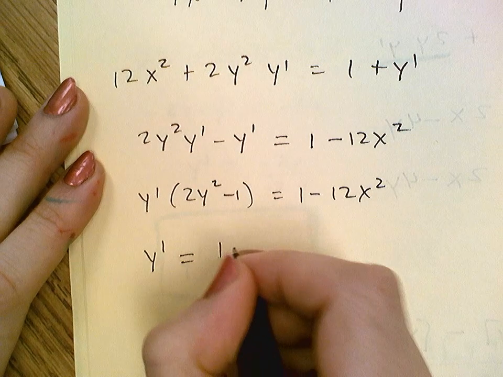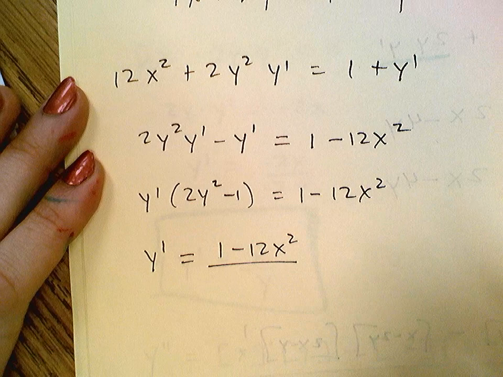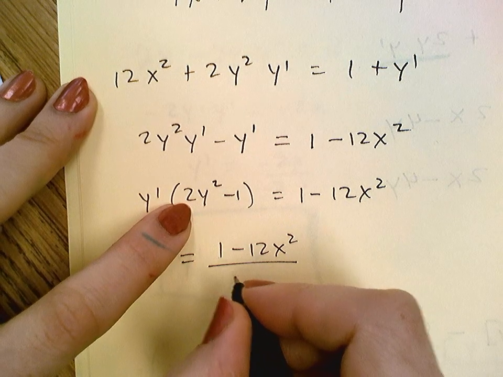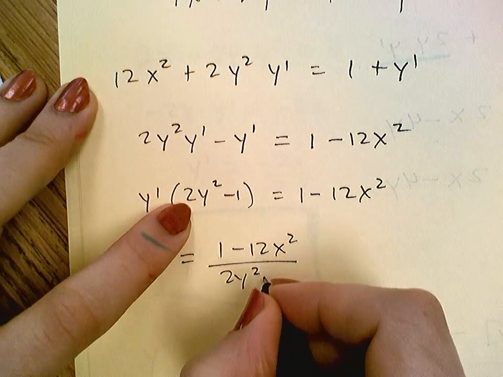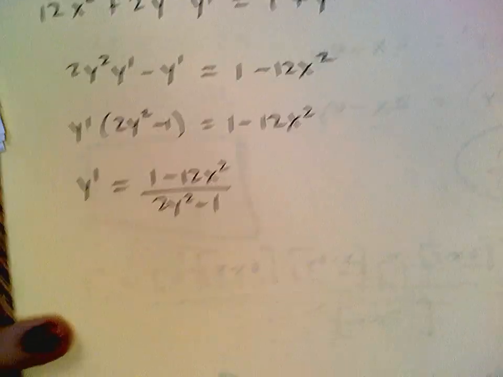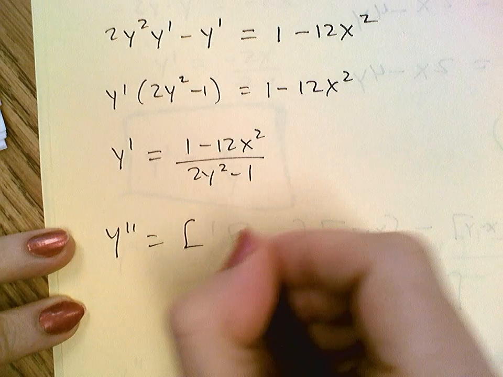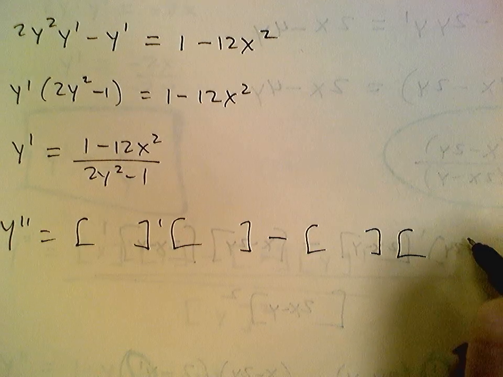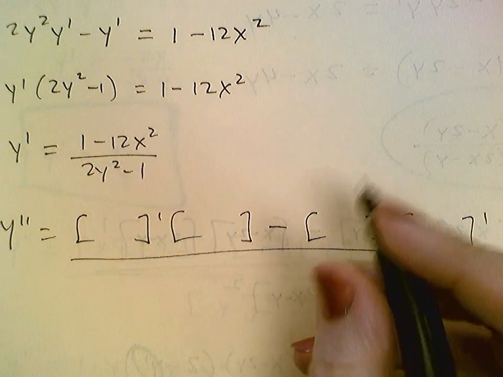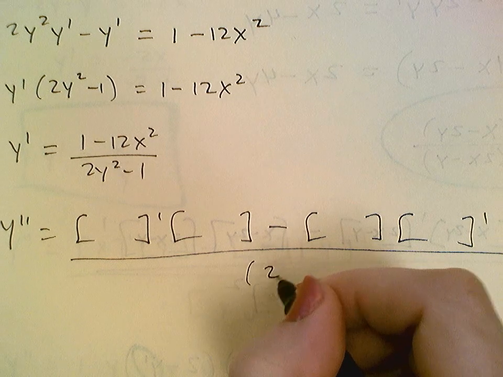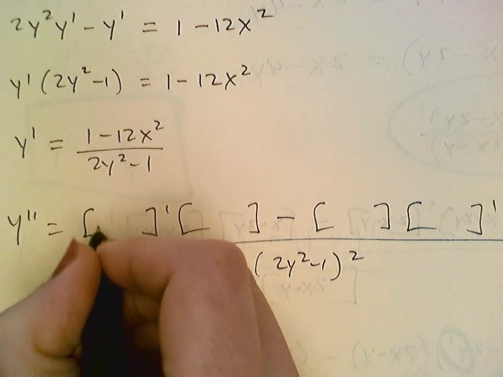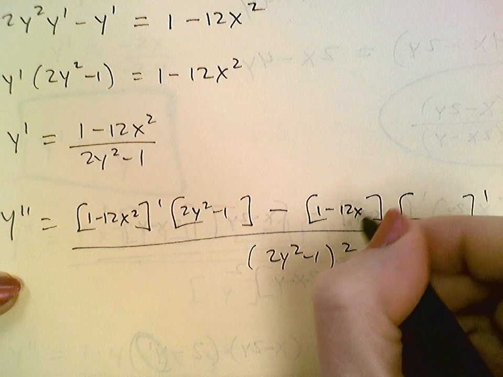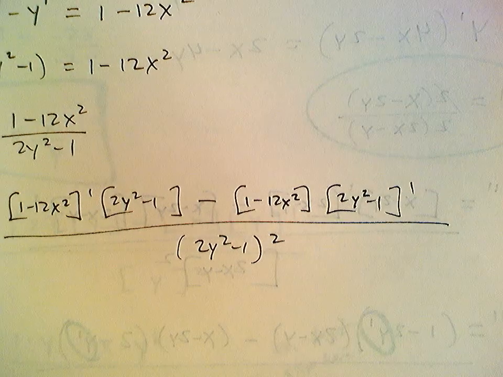Every example I'm doing of the second derivative, you always got to use quotient rule. But it isn't always that way. Okay, so this is 1 minus 12.